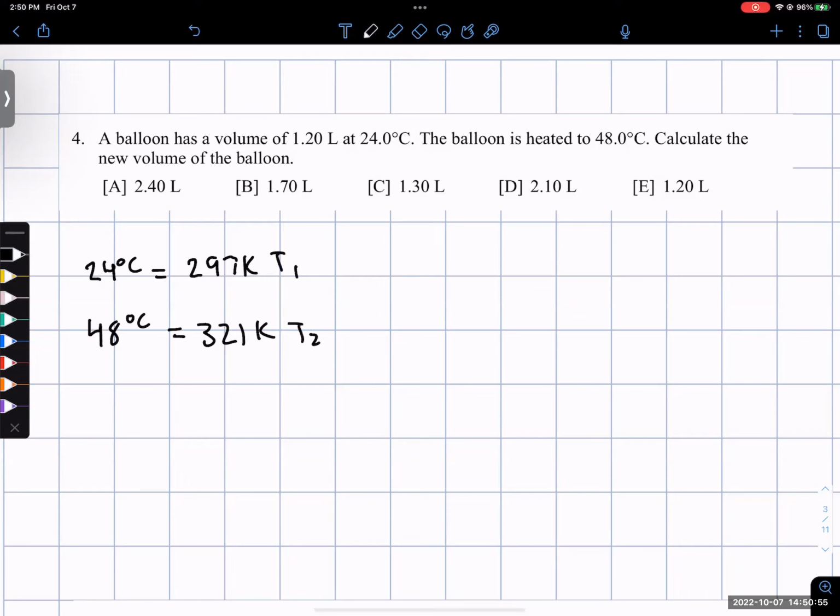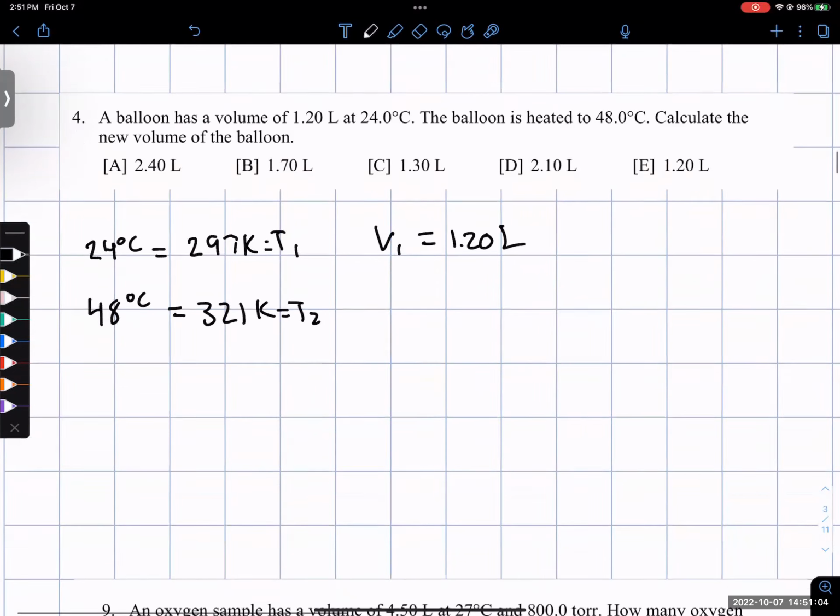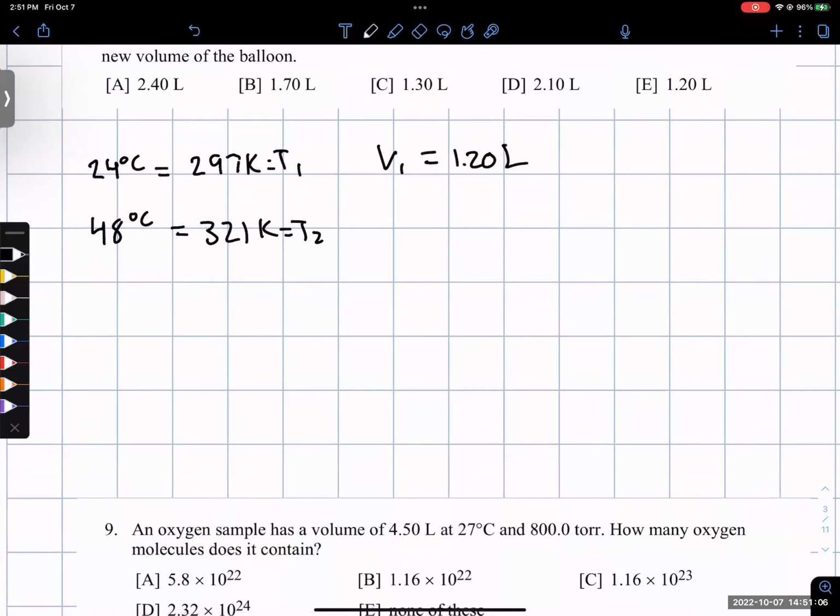This is T2. And then you have V1 is equal to 1.2 liters. So we automatically know V and T, that's Charles' law, right? So V1 over T1 equals V2 over T2. And this is Charles's. So when we plug everything in here, we're gonna get 1.2 over 297 equals V2, which is what we're solving for, over 324.